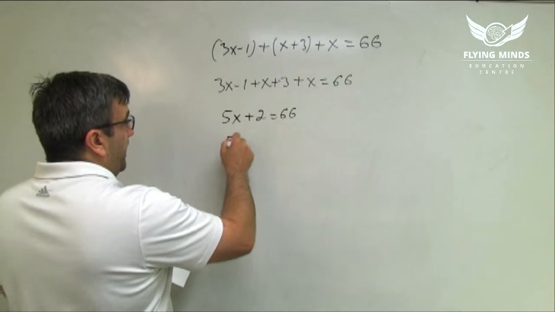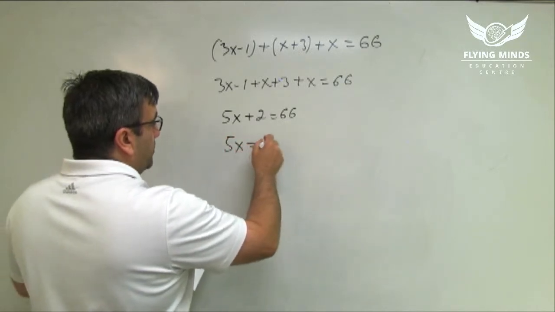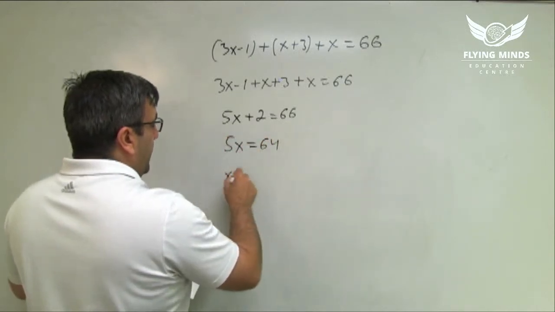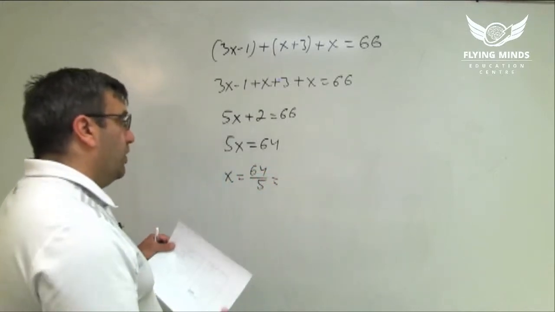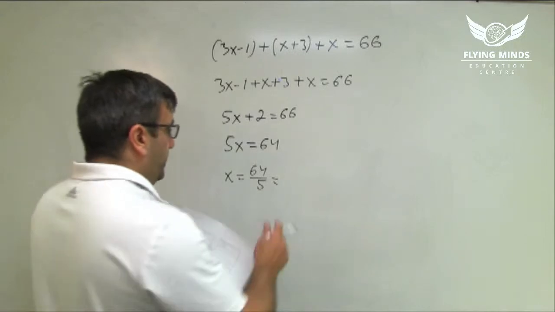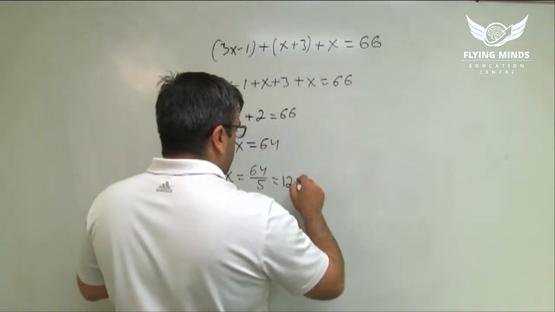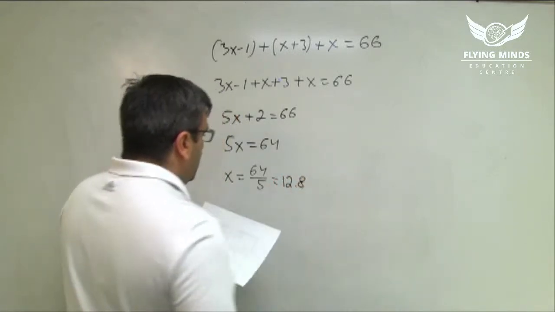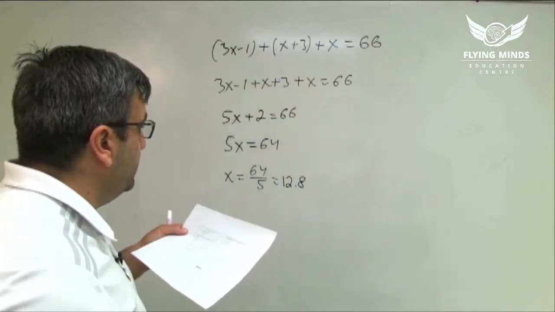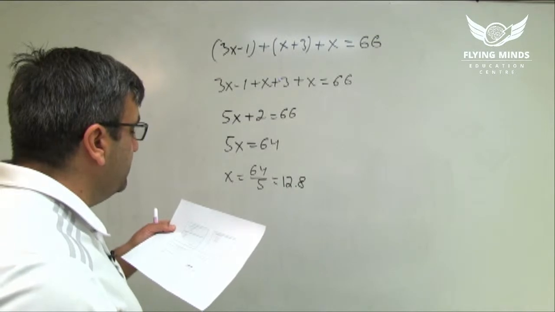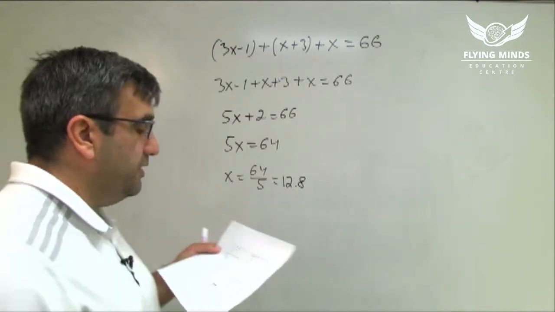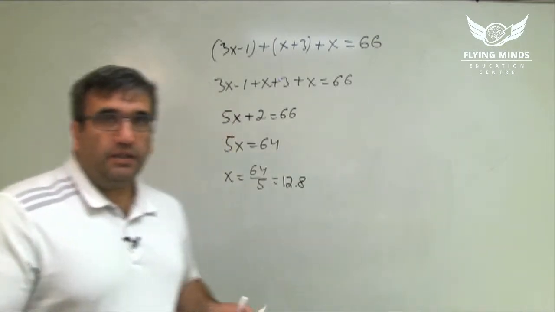Okay, then 5x equals, we subtract 2, equals 64. Then x equals 64 over 5, or it will be 12.8. Then the shortest side is 12.8.